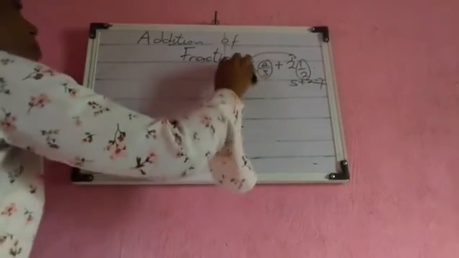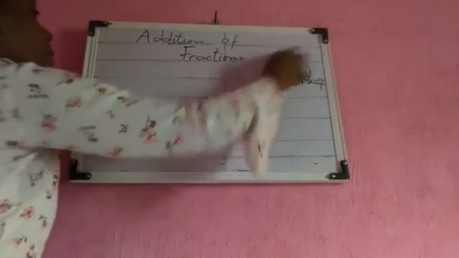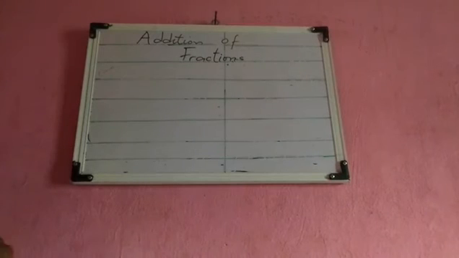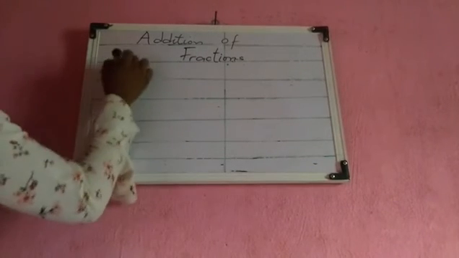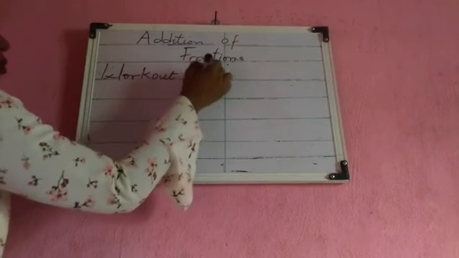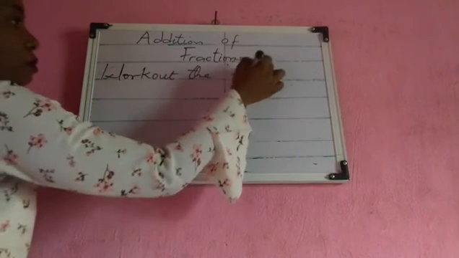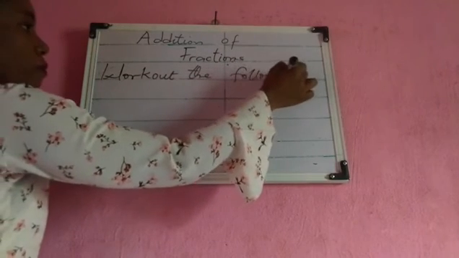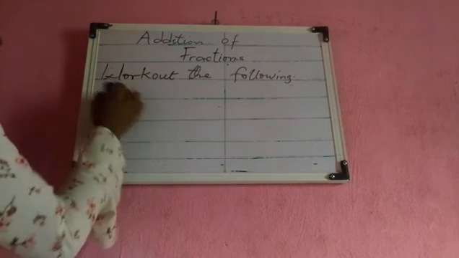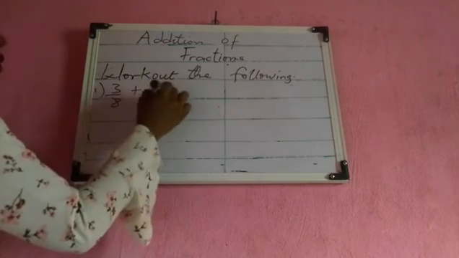I hope you do practice. Practice makes what? Perfect. If you don't practice, you can't get it. So work out the following. The first one is 3 over 8 plus 1 over 4.